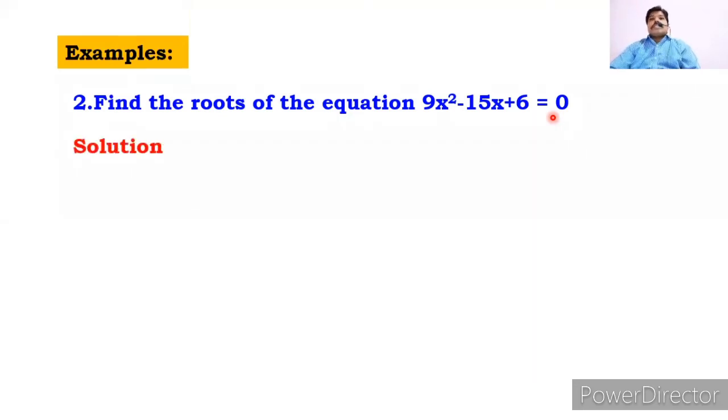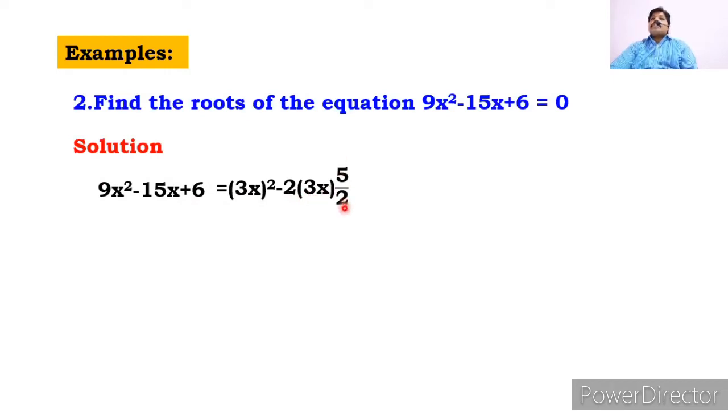First, see 9x square minus 15x plus 6. First observe that this 9x square I can write as 3x whole square. Next, this 15x I am writing as 2 into 3x into 5 by 2.